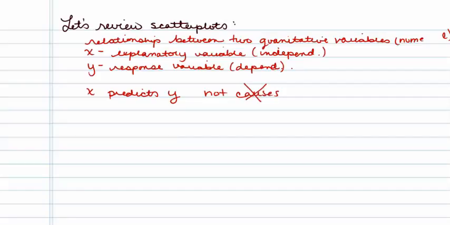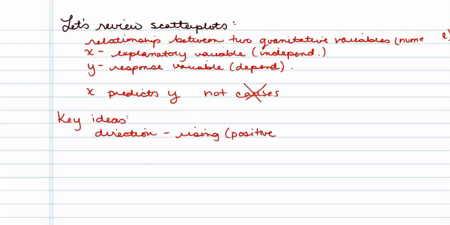We were talking about it before. We were talking about the key things to examine in a scatter plot. And they are the direction. Is it rising from left to right, which would mean it would be a positive relationship?